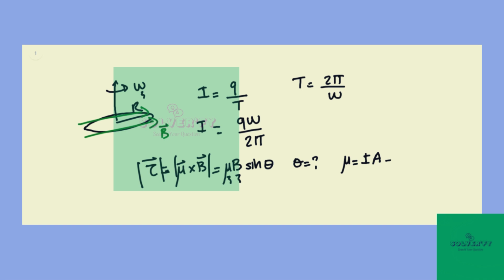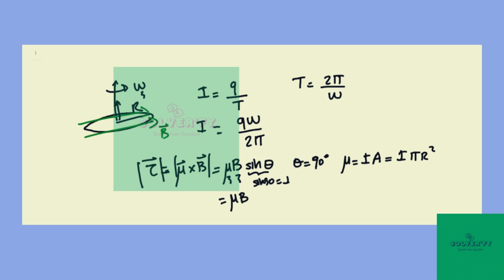So area for us is pi r squared, obviously, and mu, depending on the direction of rotation, in this case the angle between mu and B has to be 90 degrees. So then sine 90 is going to give us 1. It's going to be simply mu times B, then, the magnitude of the torque.